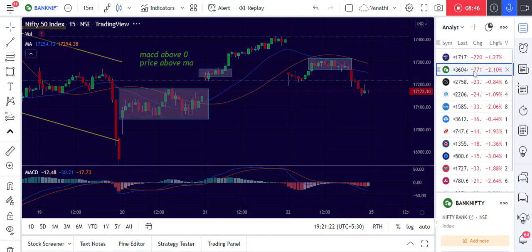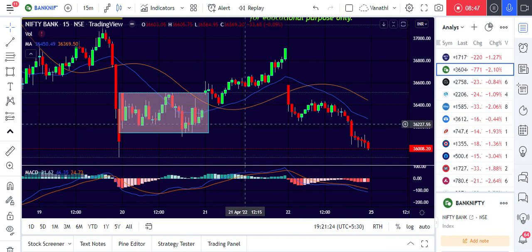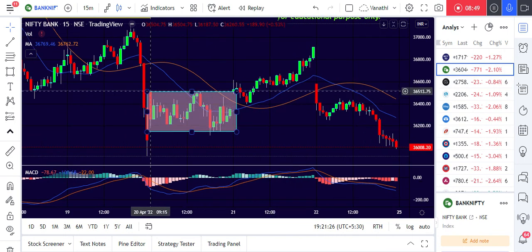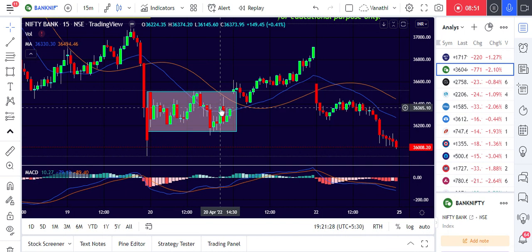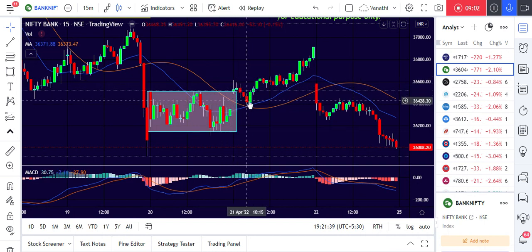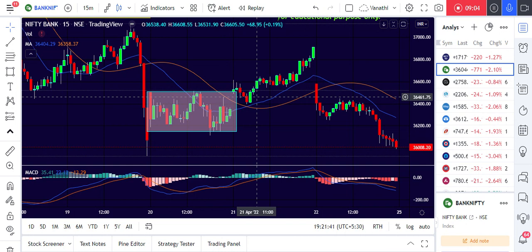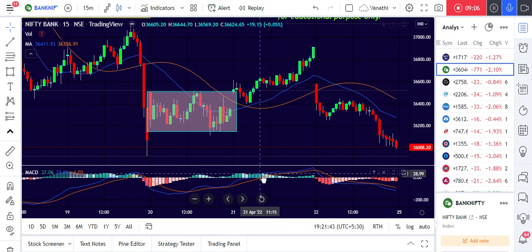Let's check Bank Nifty. This is a range day, and after this range you are expecting some movement. The price opened here, but we have to wait till the MACD is moving above 0.